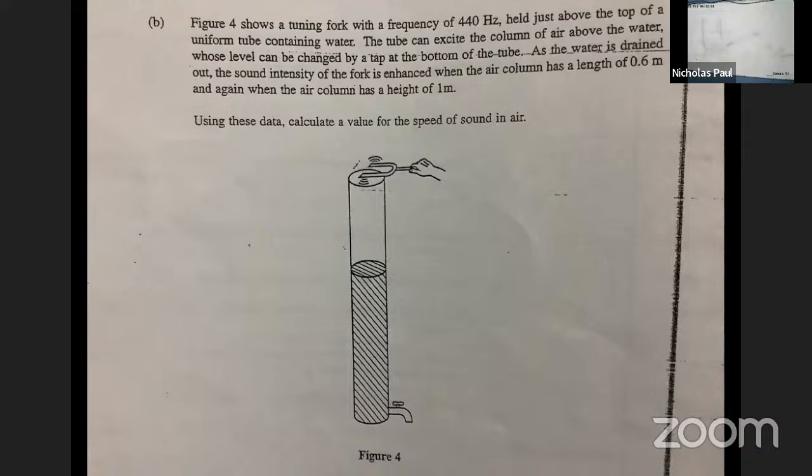Enhanced meaning it was high, right? So you had a stationary wave at 0.6 and then at 1. Technically, yeah, but that doesn't really matter. What happens from one harmonic to the next?